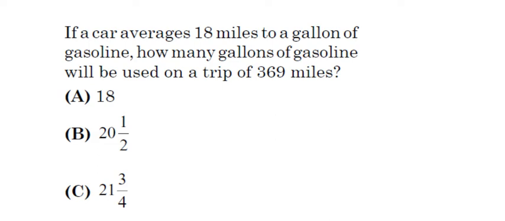If a car averages 18 miles to a gallon, so 1 gallon equals 18 miles. 1G, we say 1G, 18 miles. Or we just say 1 equals 18. Okay. So then, if there's 369, how much?